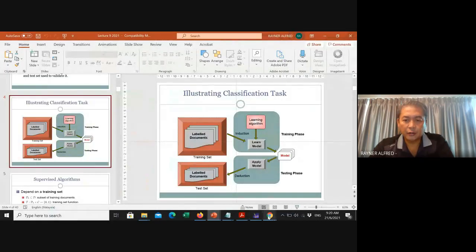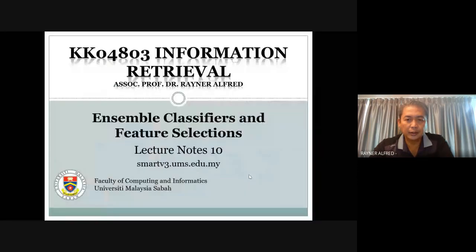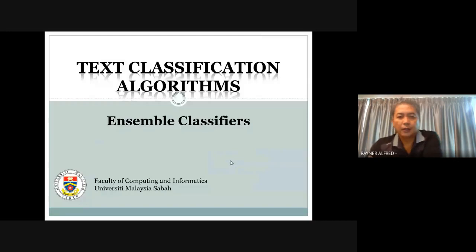Okay. So if we switch back to this lecture, when we talk about ensemble classifiers, we are applying more than one classifier. We make use of several classifiers. So the way we arrange the classifiers is determined by the type of ensemble classifier that you want to use.